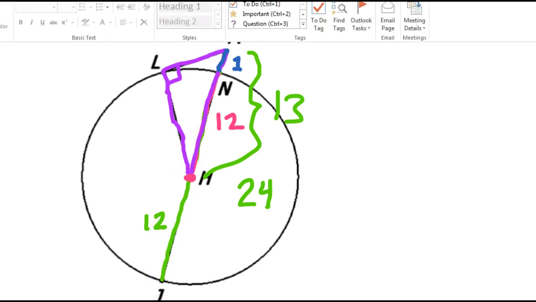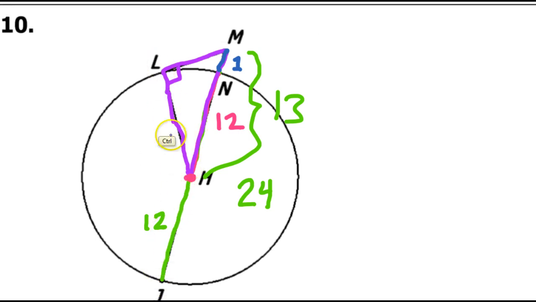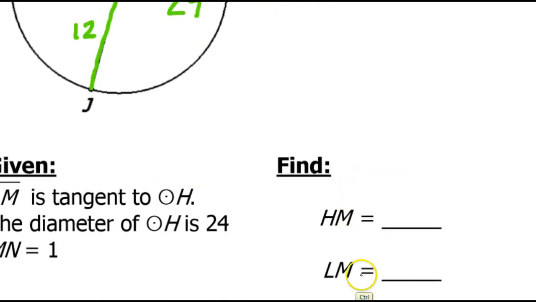But also up here, this is also a radius of 12. Okay, so this is 12 as well. So really, when I look at this triangle, I have two sides that are given. I have the 12 and the 13. And one of the things that I'm looking for is the third side, LM.